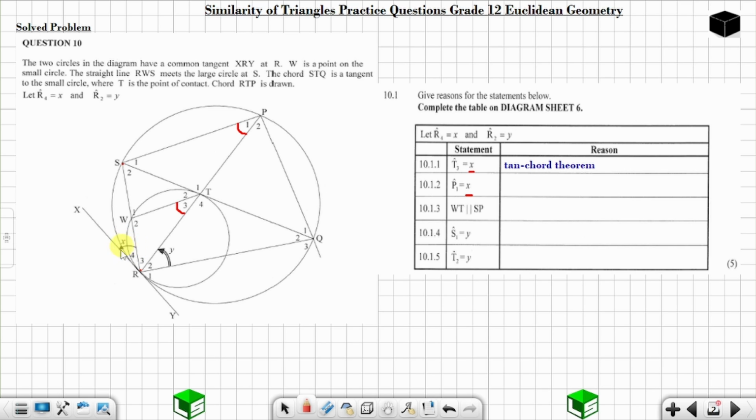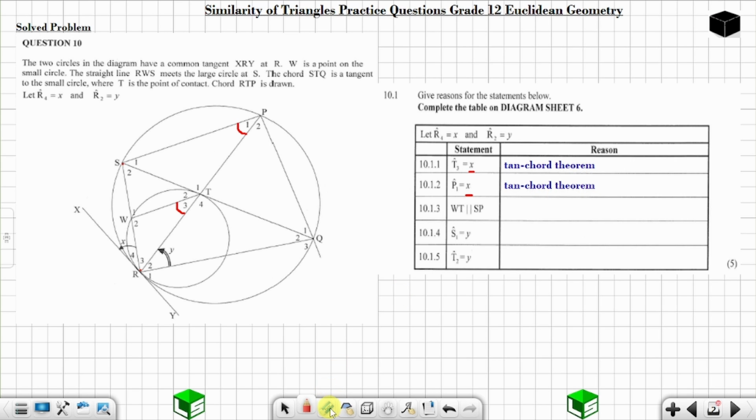You have this angle between the tangent and the chord SR. So this angle is equal to the angle in the alternate segment. So this angle is equal to x using the tangent chord theorem.